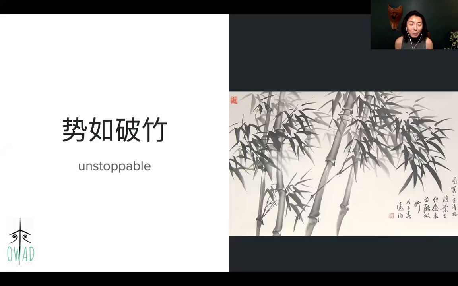So I use unstoppable. The picture on the right side is bamboo, a classical Chinese brush painting, and you can see how Chinese brushes are very suitable for drawing bamboo, because we have different gauges of brushes. You can do this bamboo stem in just one stroke, and then decorate the knots with more detailed, thinner, darker color.